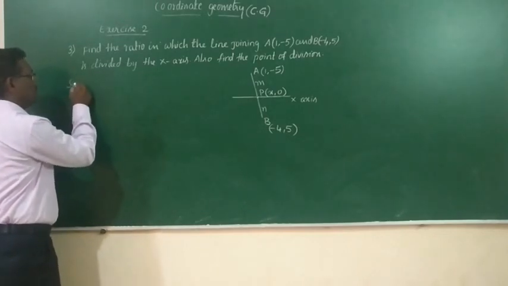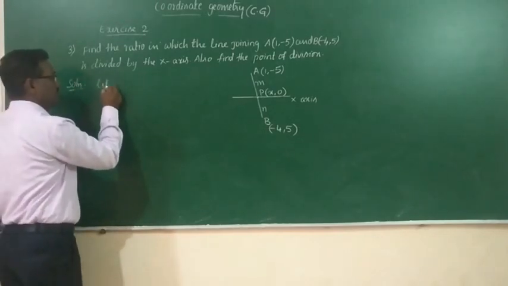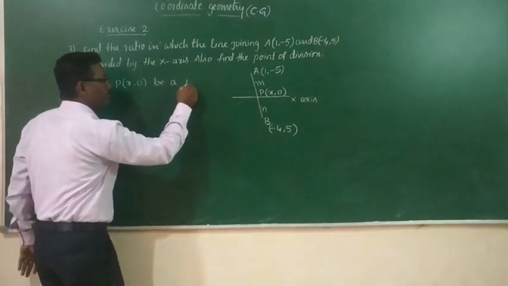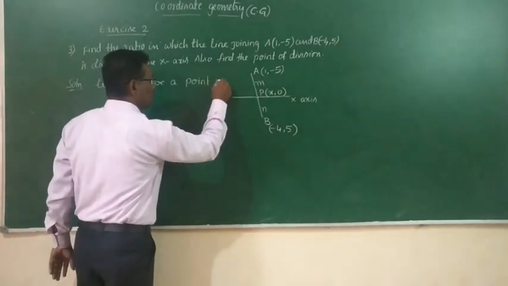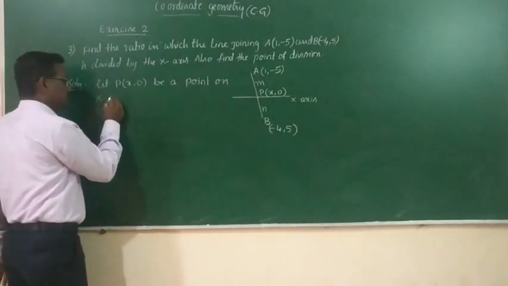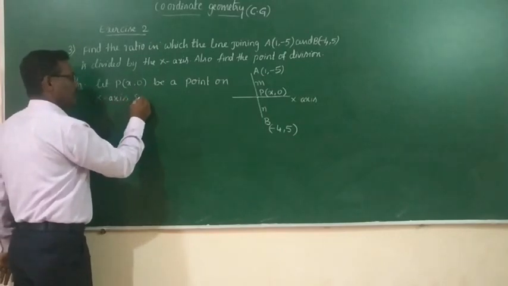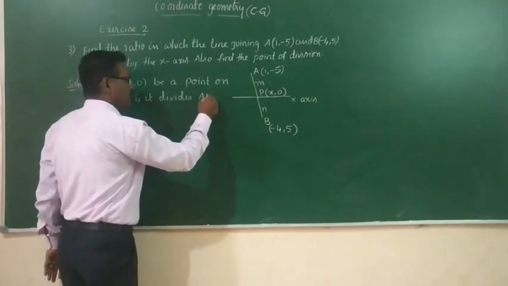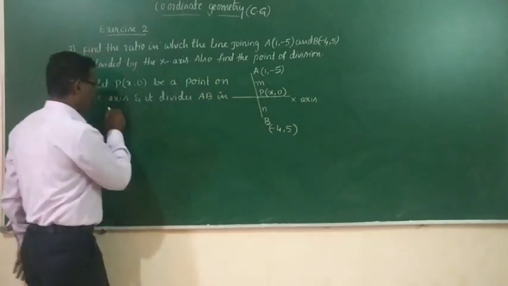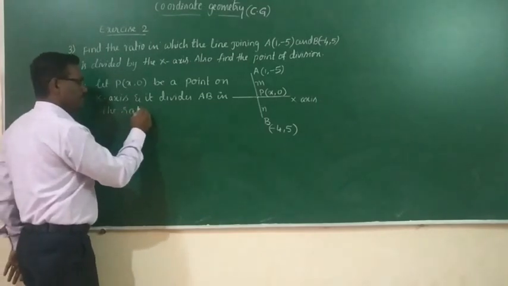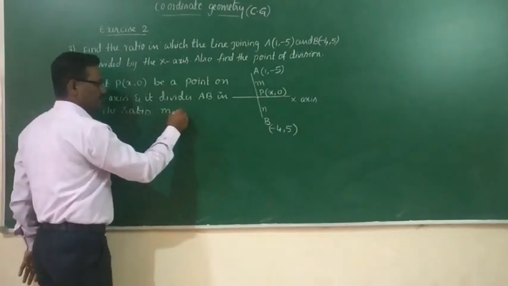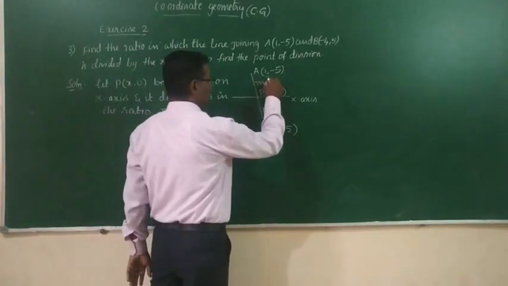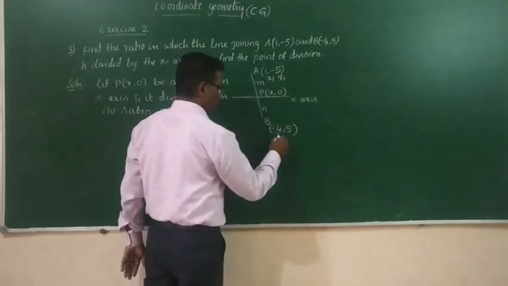Let P(x, 0) be a point on the x-axis, and it divides AB in the ratio m:n that we have taken. The first point is named x1, y1, and the second x2, y2.